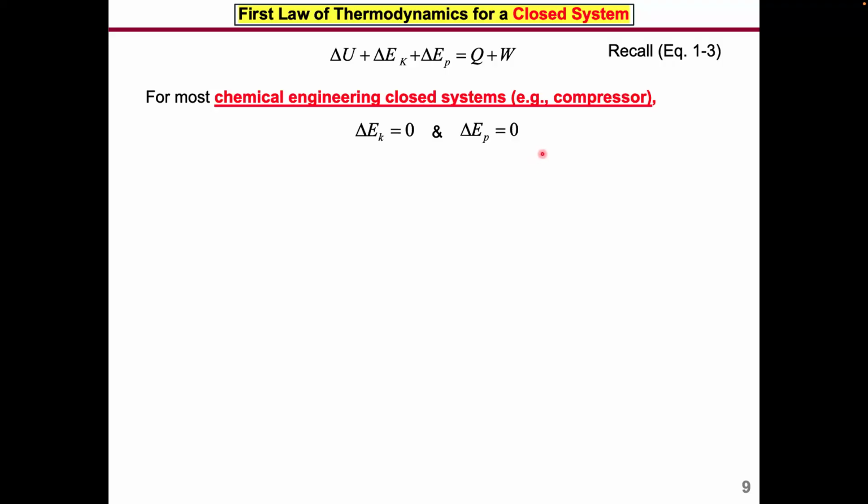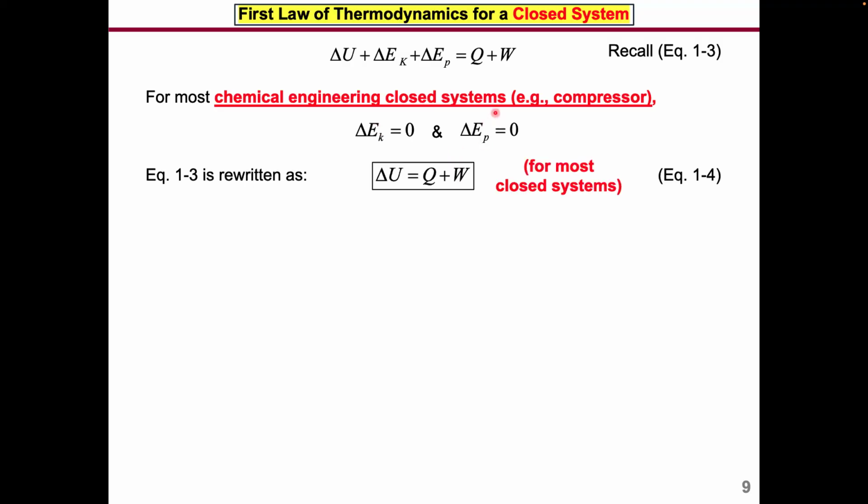If we run at a steady state, usually these two will be 0. So eventually this equation can be simplified into delta U, the internal energy change, equal to Q plus W. This is applicable for most closed chemical engineering systems that you usually run into in all your chemical engineering courses. Okay, so delta U equals Q plus W. Okay, first law of thermodynamics.